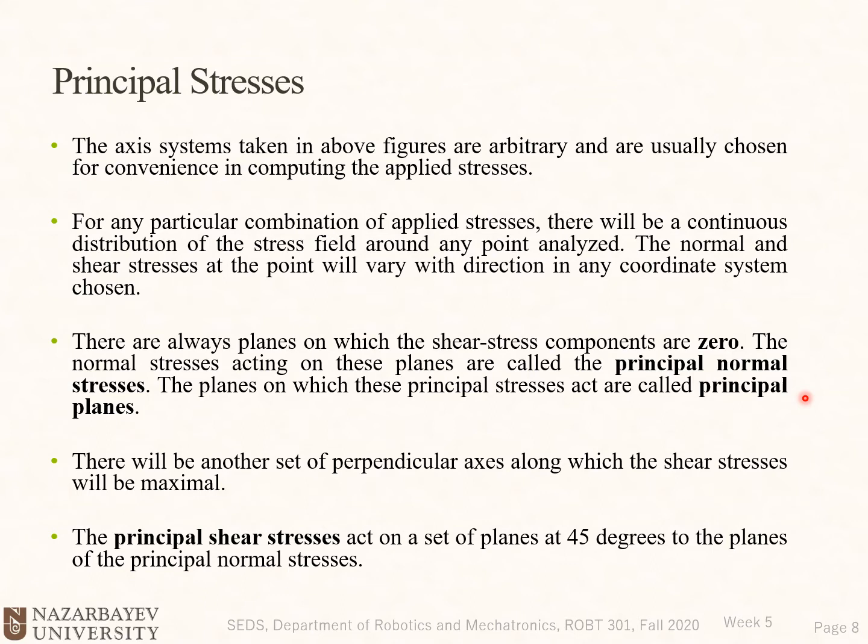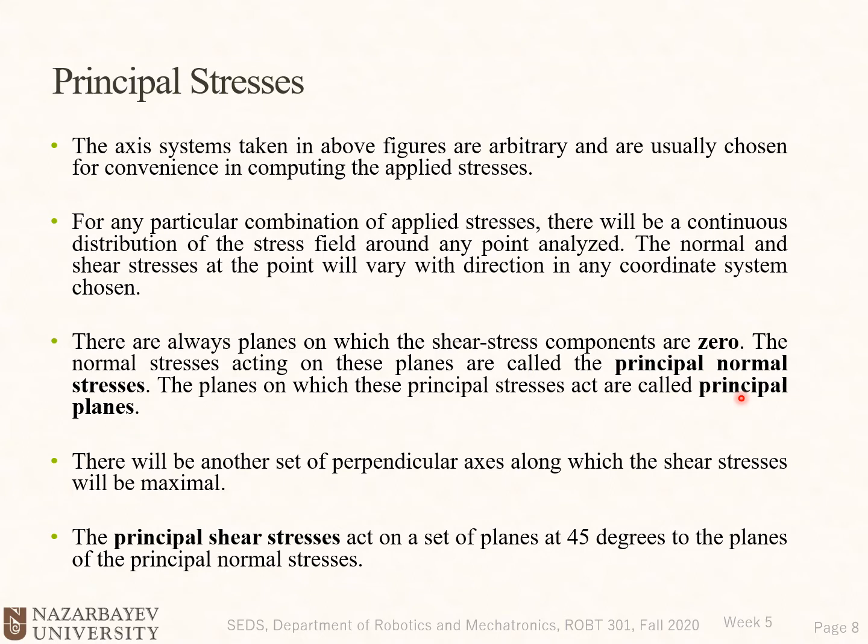So if we rotate the cube in one particular direction and find that the shear stress components are zero, then we are in the principal coordinate system. And the normal stresses applied to the faces of that cube are principal normal stresses.